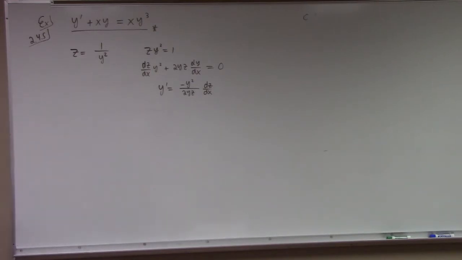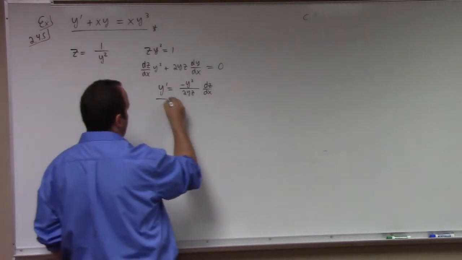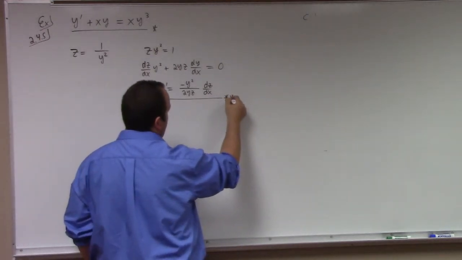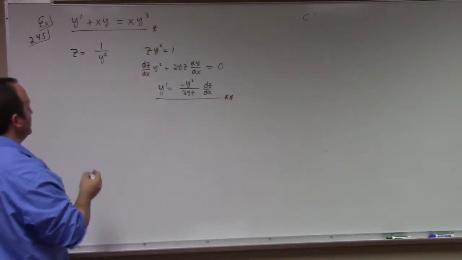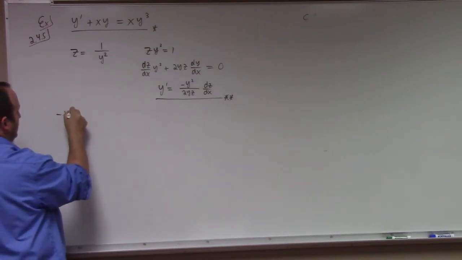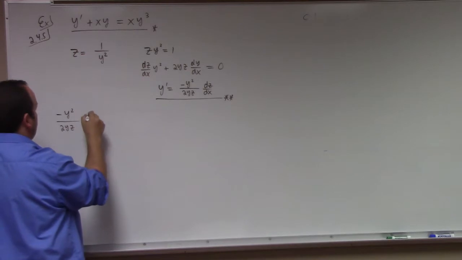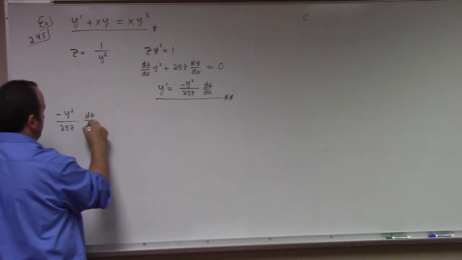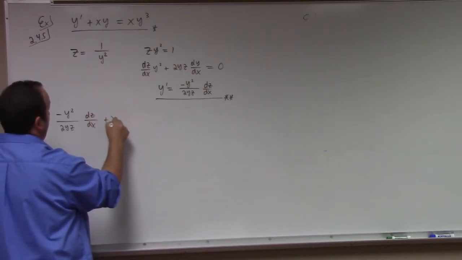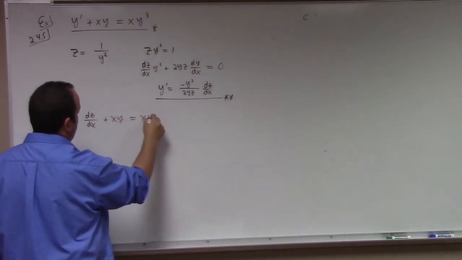So let's just plug star star into star and see what happens. So I've got minus y squared over 2yz dz dx plus xy equals xy cubed.